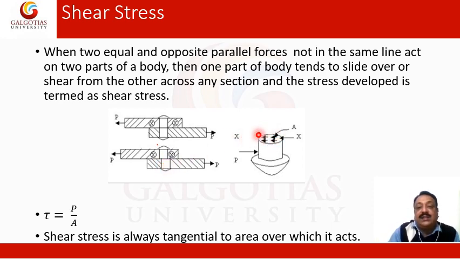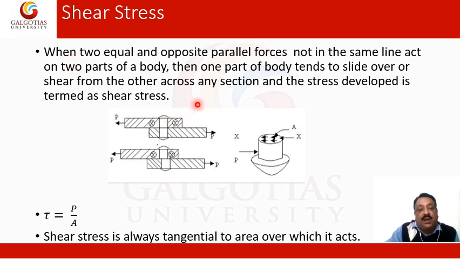If you look at this force, the resisting force which is coming on the rivet head is P here, and the resistance is generated on the top surfaces on the area, and these stress vectors are tangential to the area. So this is known as shear stress, and this action is known as shearing.